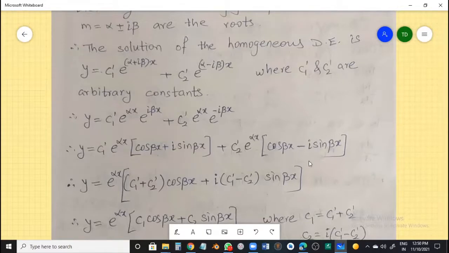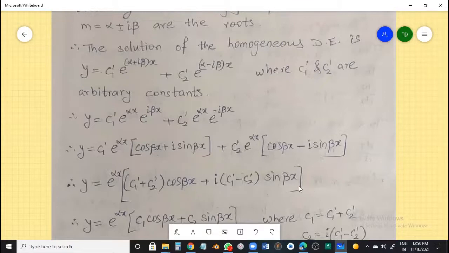Now we want to combine these two. Both have cos beta x and similarly sin beta x. So let us combine the terms. Throughout, e raised to alpha x is common. In the bracket, if I take cos beta x common, what I'm left with is C1 dash plus C2 dash. And sin beta x I have taken common, so what I'm left with is i times (C1 dash minus C2 dash).